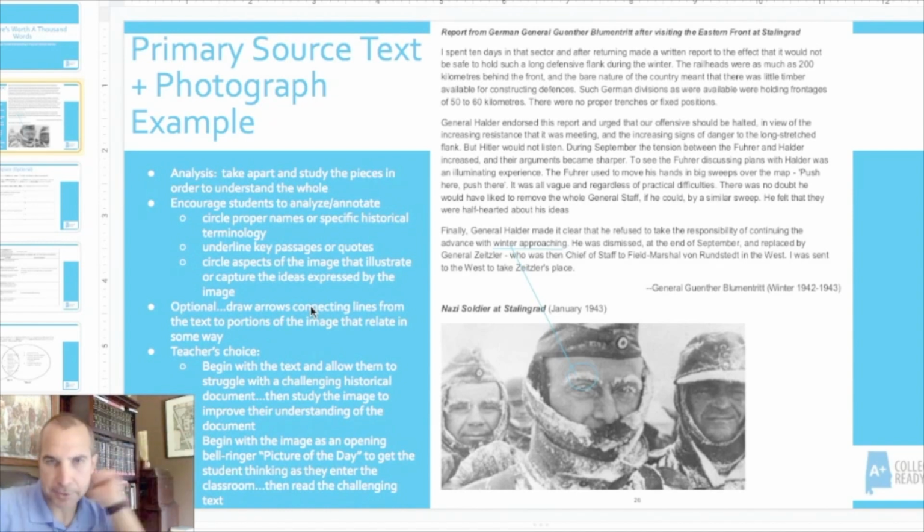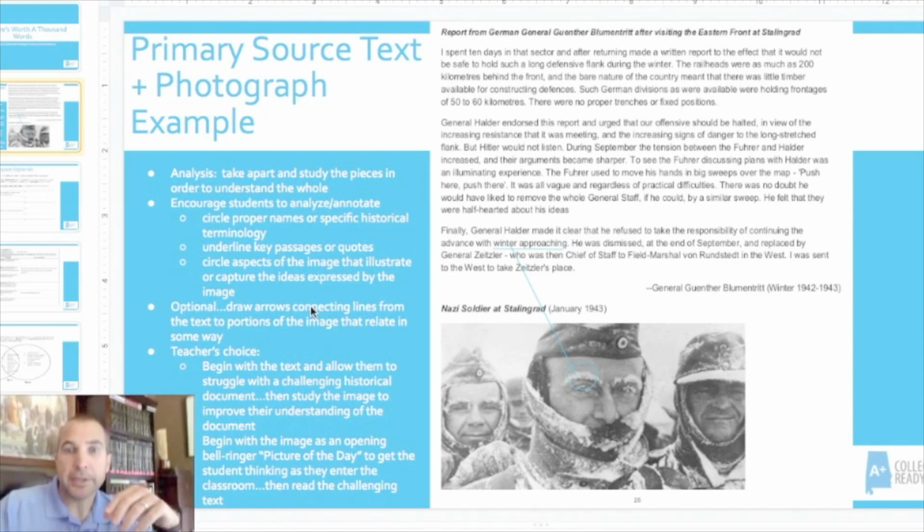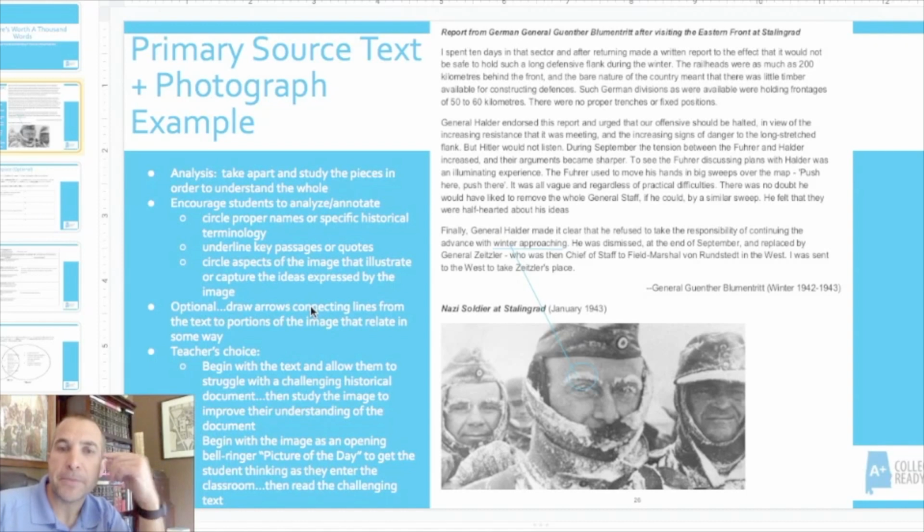You can use secondary sources for this, but if you're using a primary source, maybe you want them to struggle a little bit on the front end, and then you give them the image, and hopefully that aha moment occurs. Hopefully the image gives them a better understanding of what they're trying to comprehend or interpret in the actual textual source. You also can give them the image first.